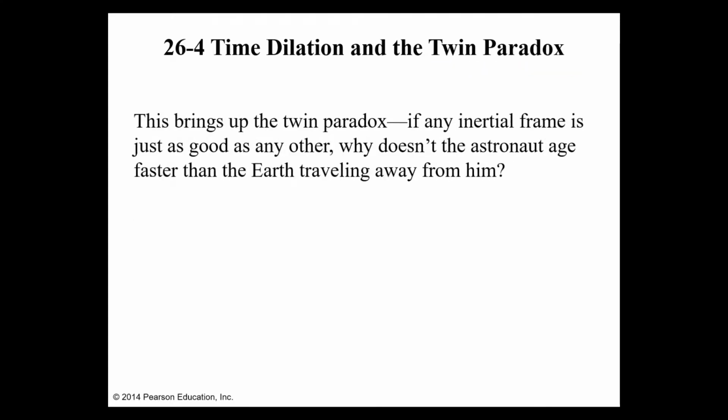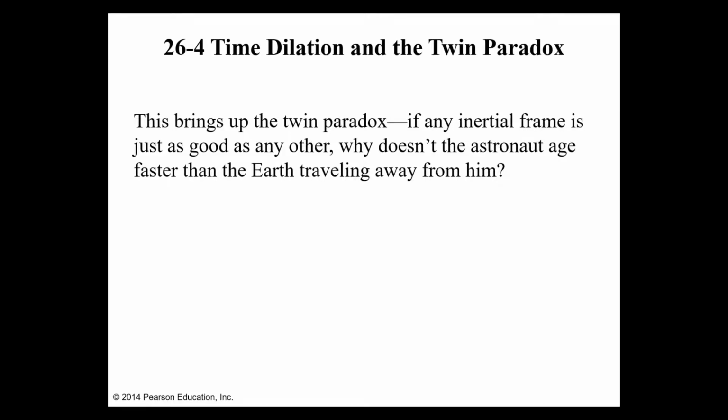So this brings up a really interesting question. If any inertial reference frame is just as good as any other, why doesn't the astronaut age faster than the Earth, which is traveling away from him? Let me see if I can word that in a better way. Here on the Earth, the astronaut is the one that's traveling 0.99 times the speed of light.